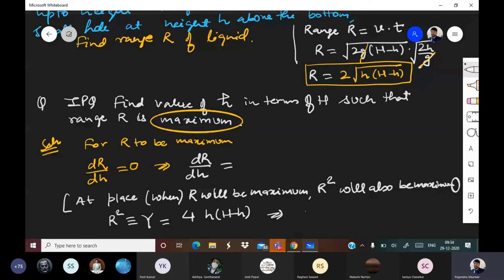So now we are finding dy by dh. 4 is anyway constant. D by dh of small h into (capital H minus h).